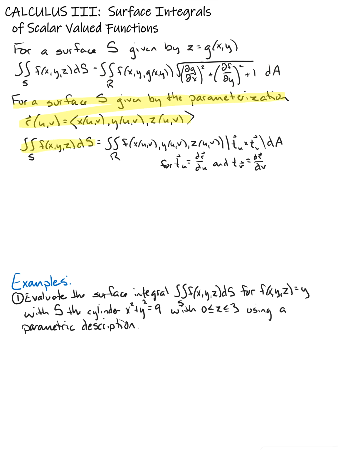Our surface integral becomes the double integral of f, where all of those components of f, x, y, and z, are defined by our parameters u and v, times the magnitude of the cross product of t sub u and t sub v, where these are tangent vectors in the directions of u and v. So t sub u is dr du, and t sub v is dr dv.